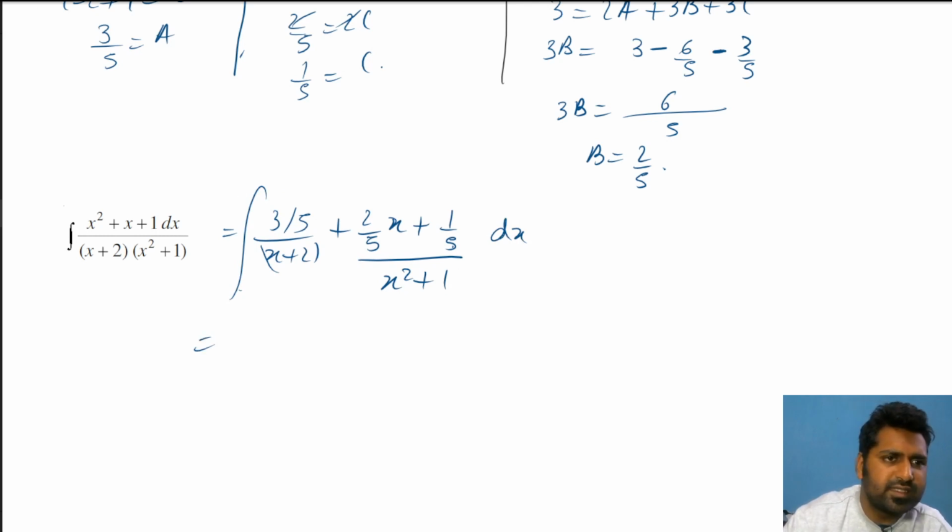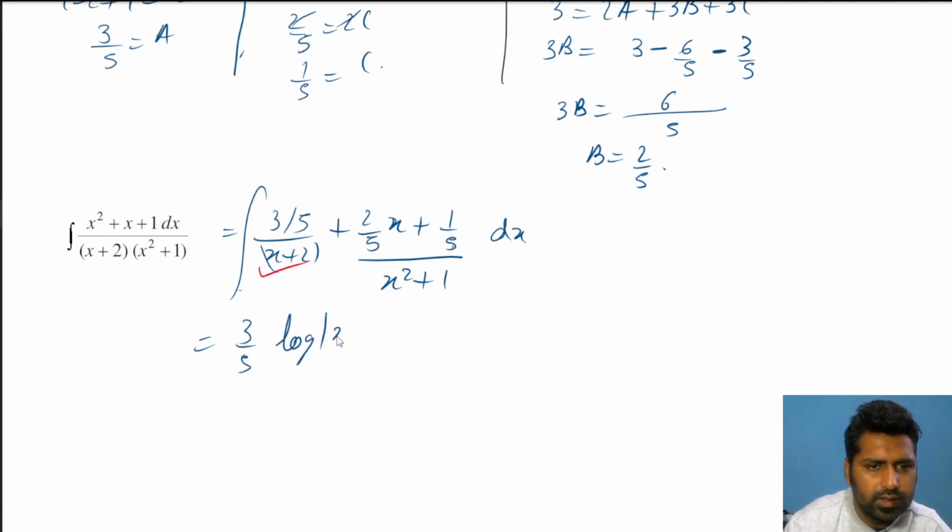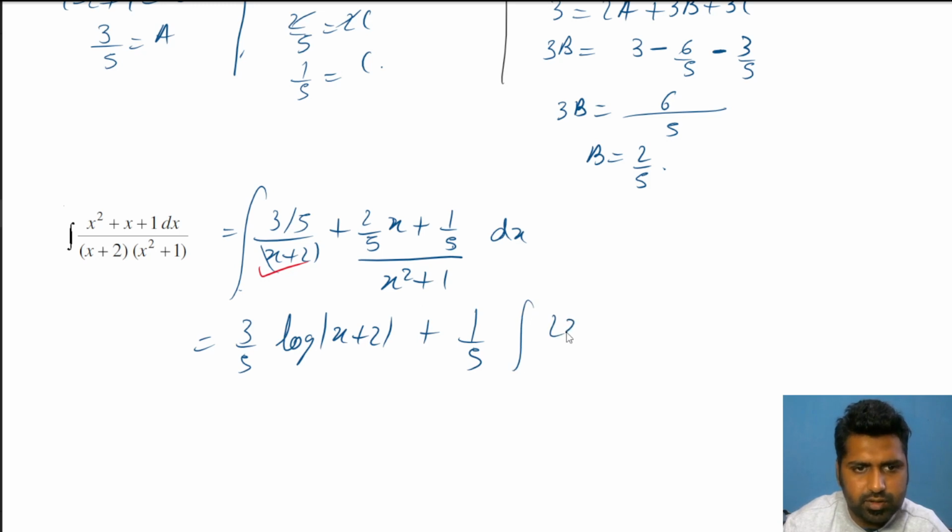So the first part is very simple, 3 by 5 log mod x plus 2, plus, I can take this 1 by 5 outside because it's creating a problem right now, 1 by 5, this is the integration of, still left with 2x plus 1 upon x square plus 1 dx.